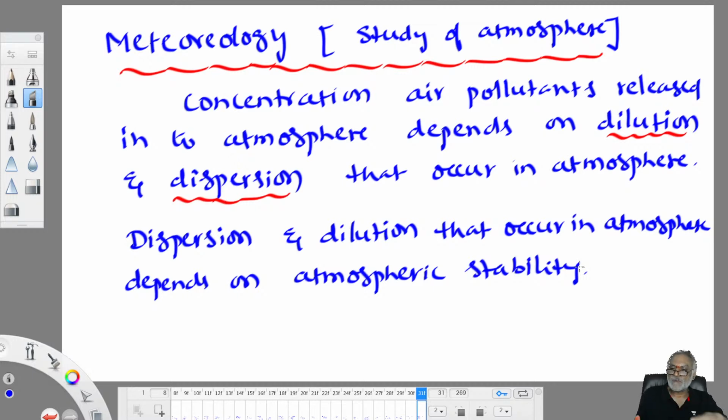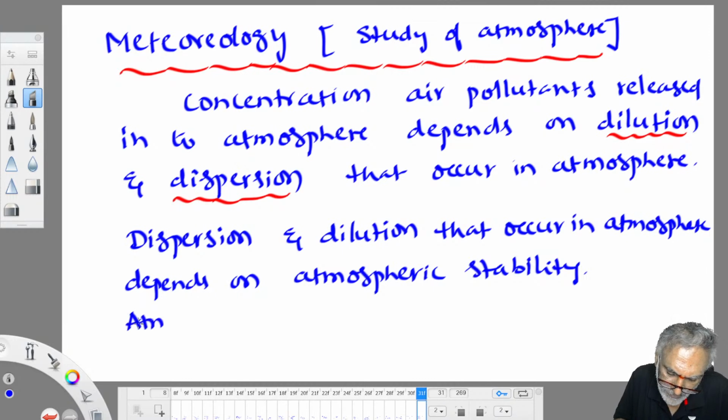Atmospheric stability is measured by weather parameters.